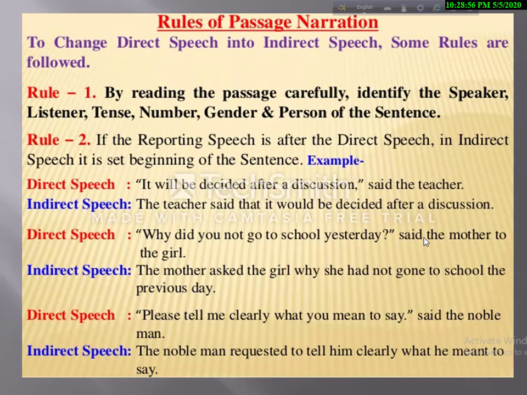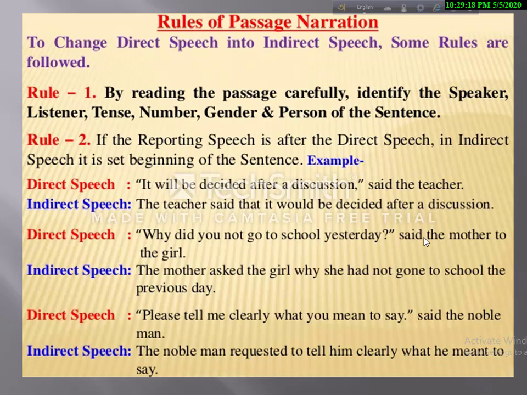Rule 2. If the reporting speech is after the direct speech, in indirect speech it is set at the beginning of the sentence. Sometimes you may find that the reporting verb is given after the reported speech.